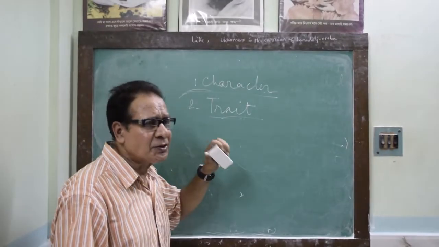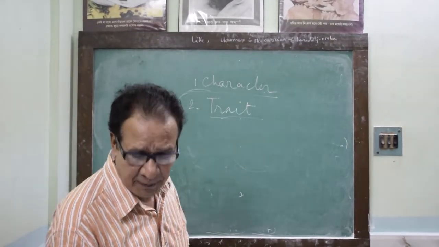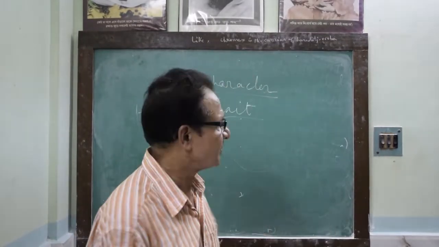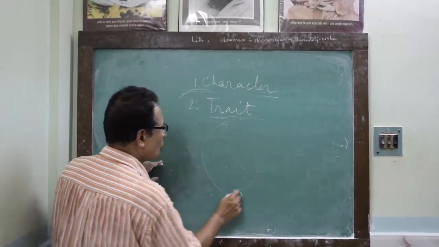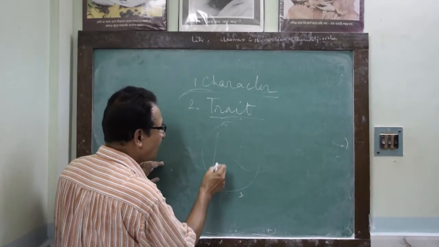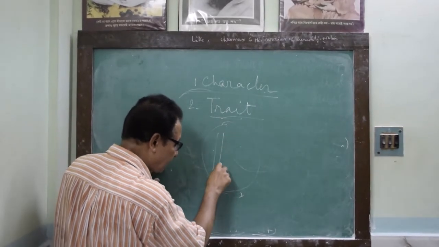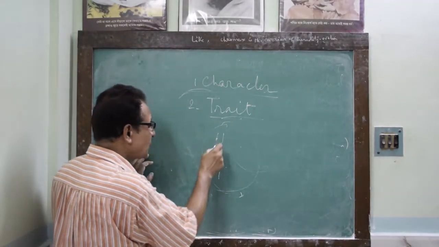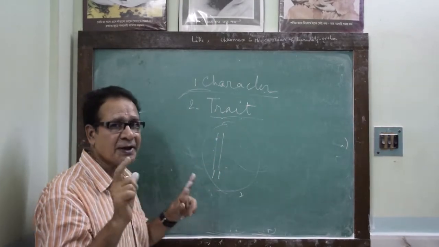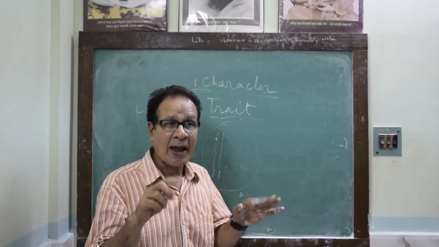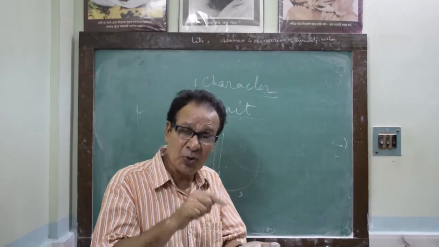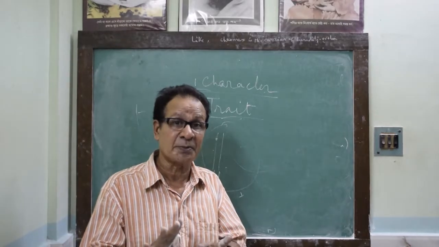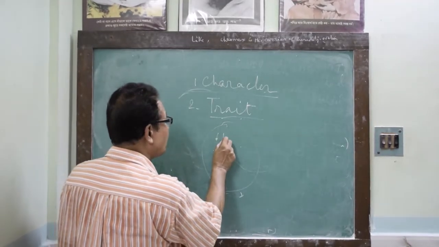But these two alternate traits are formed from a gene which is regarded as the Y gene. Suppose it is chromosome 1, and from it its counterpart, the homologous pair, appears. The gene which was present in the first chromosome is regarded as the Y gene, and from this Y gene, by mutation, a new gene appears. This new gene is also regarded as a mutated gene, and in this way the alternate form arises.